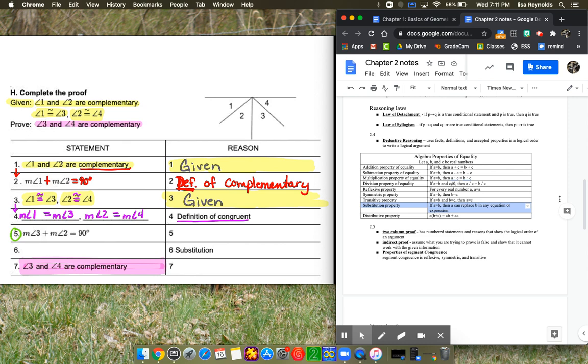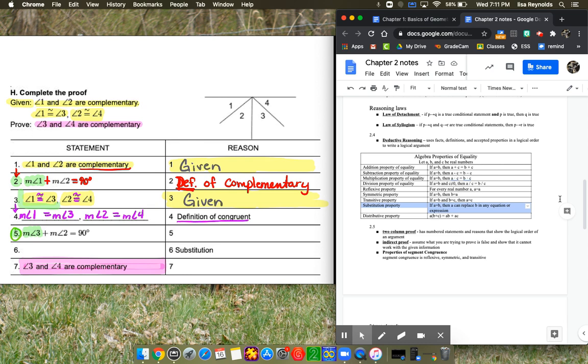So in substitution, if I already have an addition problem, I can replace a piece with what it's equal to. When we look at this particular situation, we're going to take the addition problem of line 2 and notice that all we're changing out is the measure of angle 1 for the measure of angle 3.